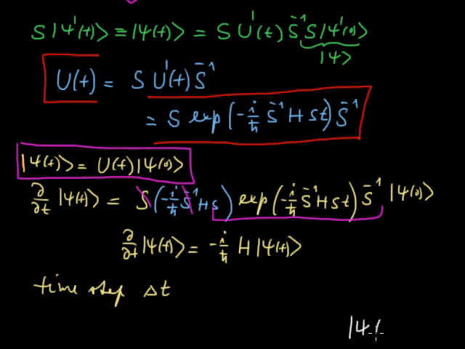So we will have the initial value for our state vector. I multiply it by U delta t, which gives me psi at delta t.